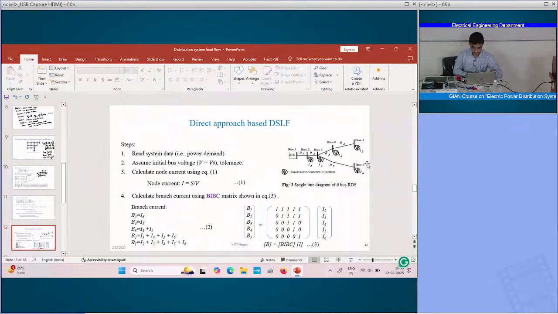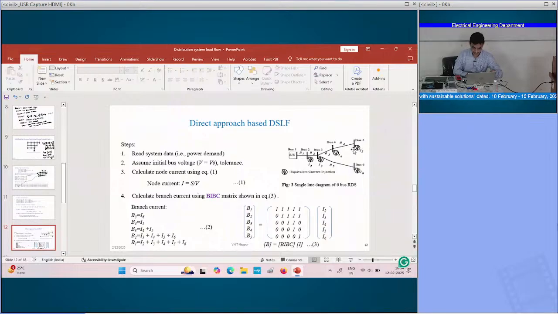Here, as you may see, this is a 6 bus radial distribution system. For the node current at any node or bus, we can write it as I5. Branch current B5 is equal to I6. For branch 4, this current is I5. For branch B3, it is I4 plus I5.